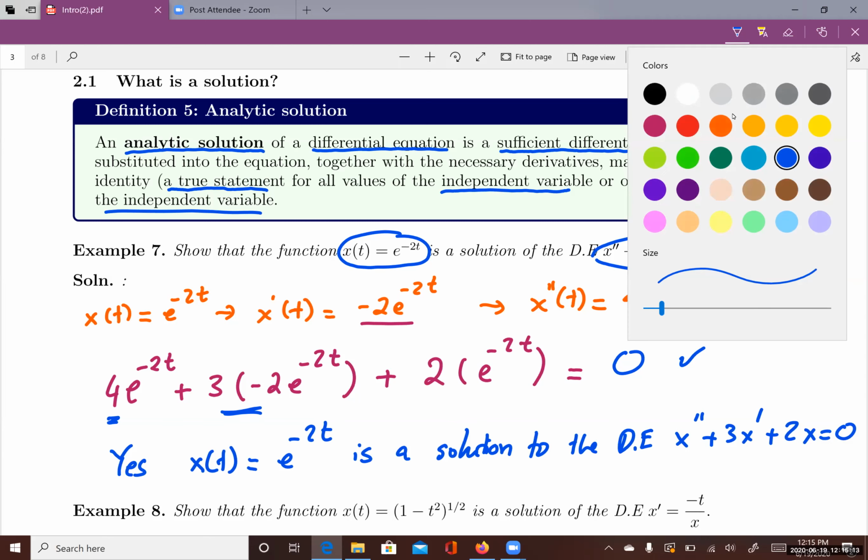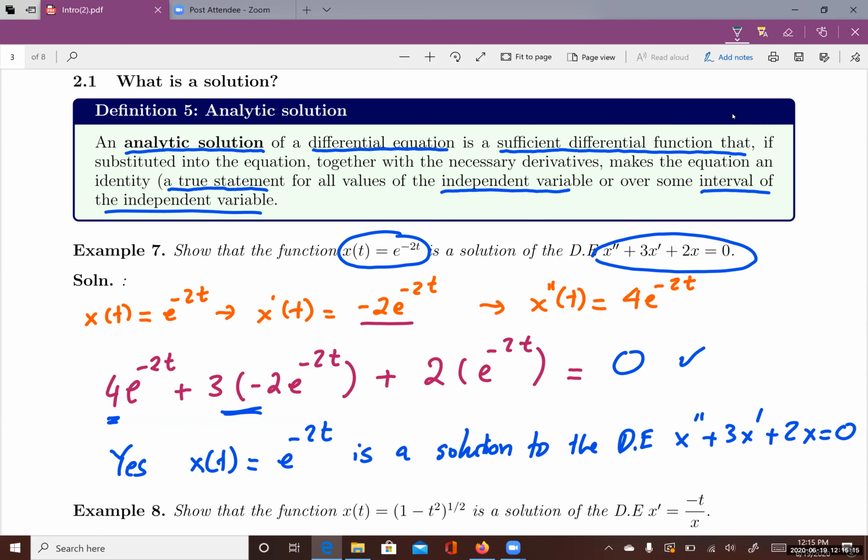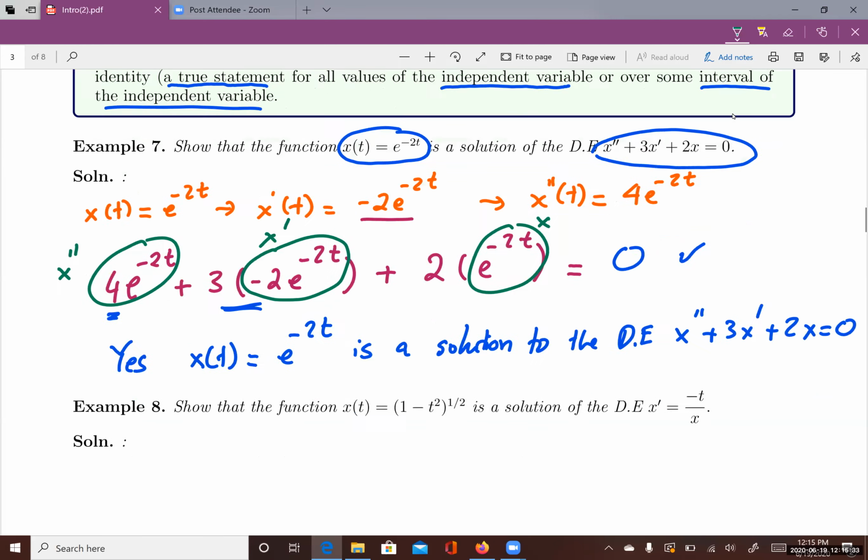Okay. All right, again, this is x double prime, this is x prime, and this is x. All right, let's go to the next example.